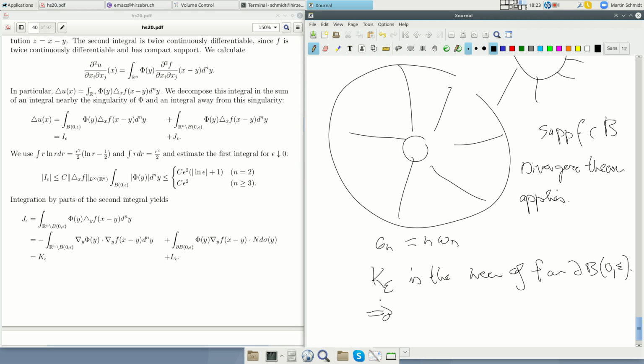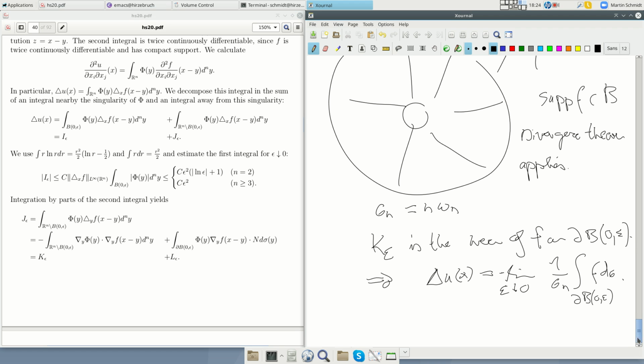So all together we have Laplace u of x is equal minus the limit, so it's the limit epsilon goes to 0 of minus, and then the integral over the ball 0 epsilon f d sigma, 1 over sigma n. This is our result.